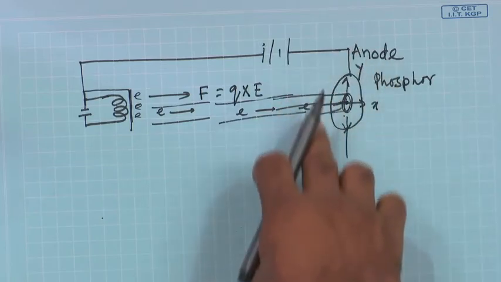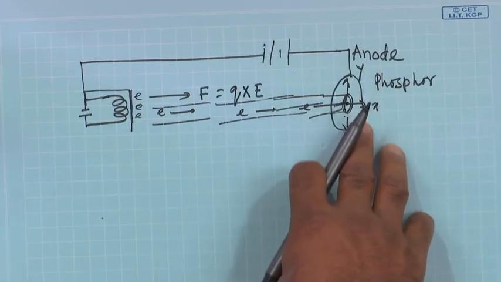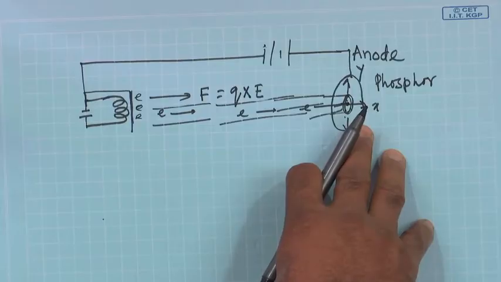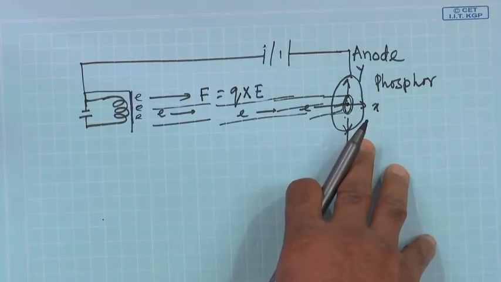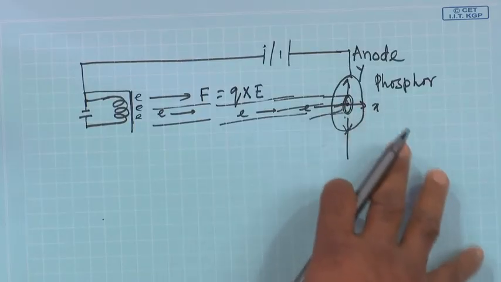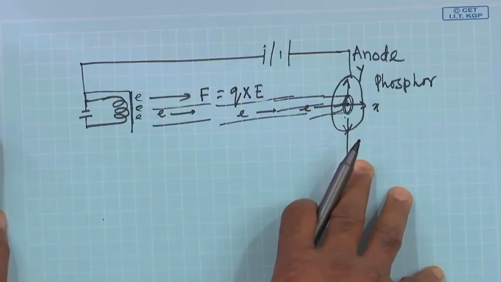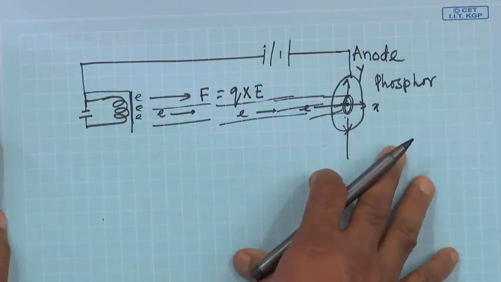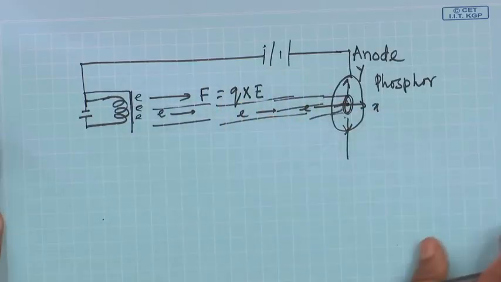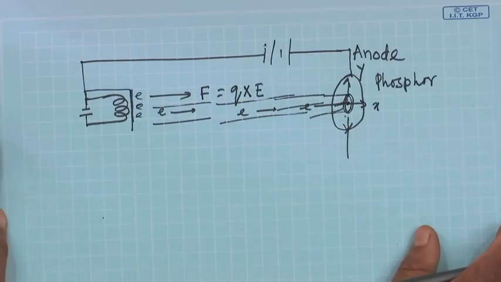To manipulate this spot on the screen, we need these horizontal and vertical controls. What is that? It is nothing but what I have shown you.